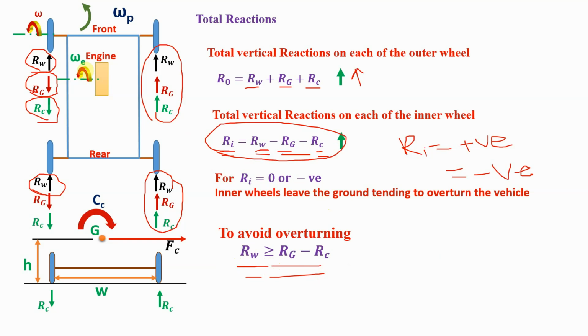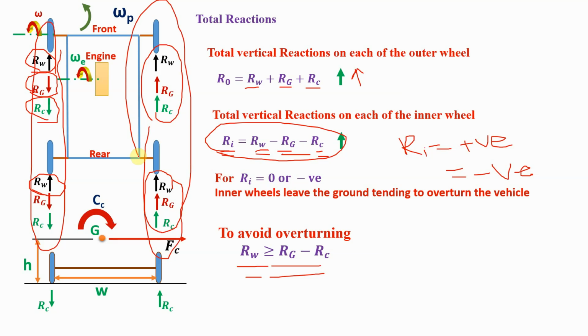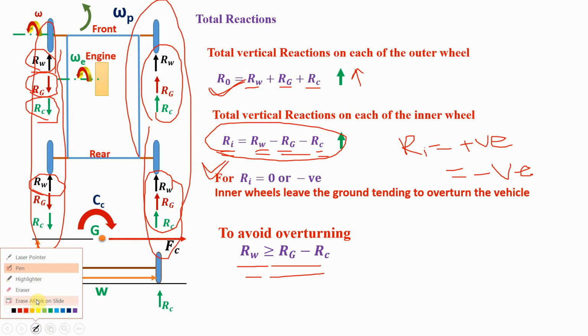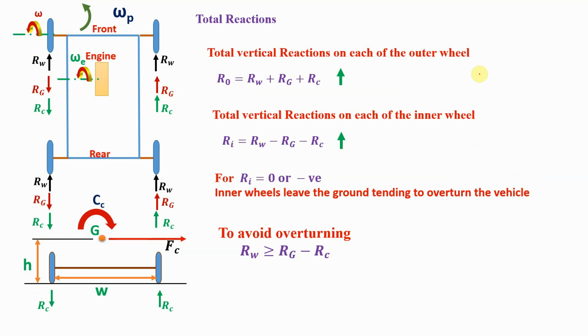Now in this case, the directions of the reacting forces on each of the inner wheels were the same, as well as on each of the outer wheels. That's why we have only two equations. The reaction on each of the inner wheels will be the same, and the reaction on each of the outer wheels will be the same. In case these reactions are not the same, you need to find out the reaction on each of the wheels separately.